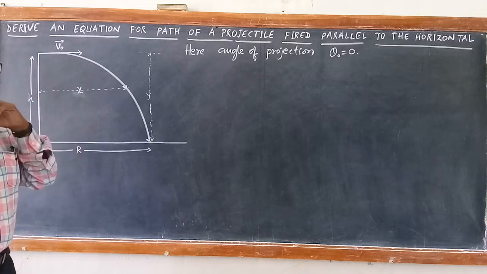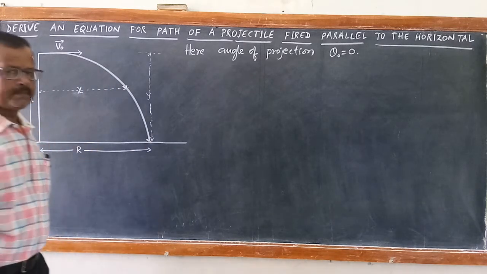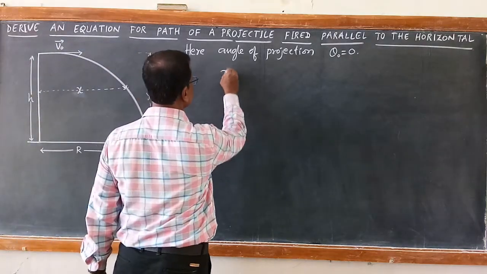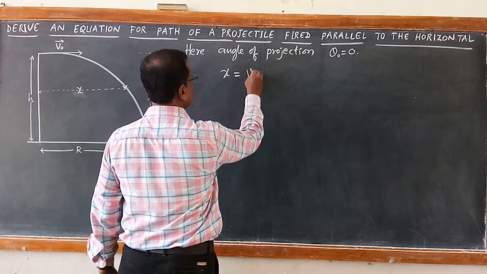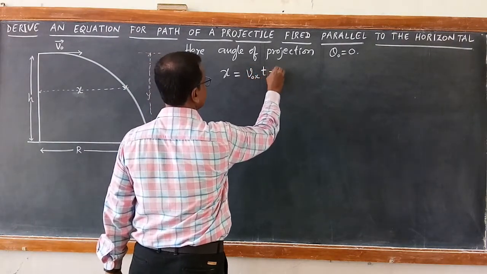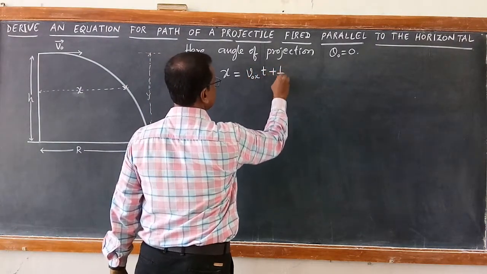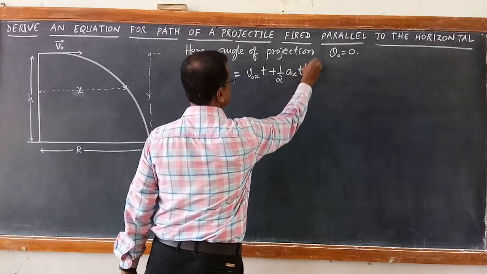Then we have to use second equation of motion. If you remember second equation of motion, x is equal to V0 x t plus half ax t square.